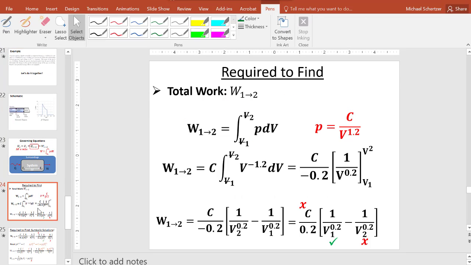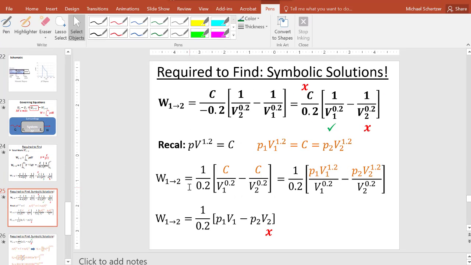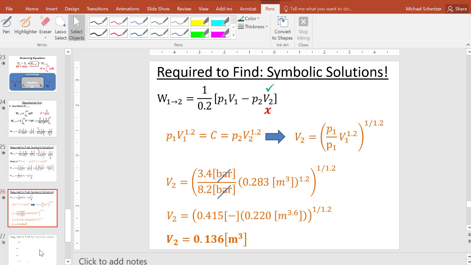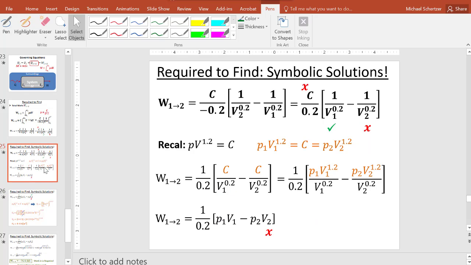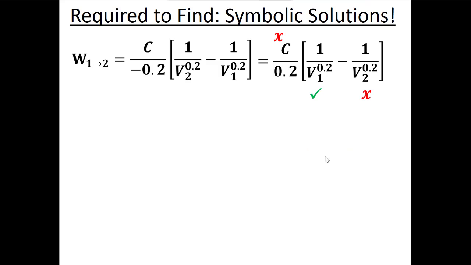So now that we've got an expression for work, this was just saying this is all the same stuff. So if you go on the slides or you watch the video that I've already posted, we did the same process, right? So we get to this same symbolic solution.